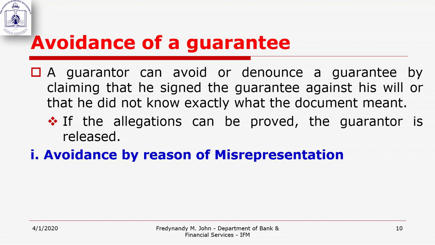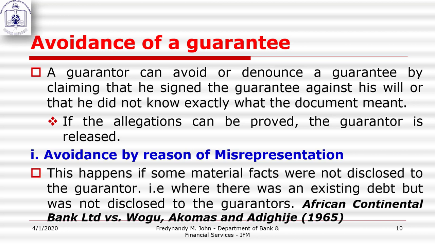Now, the first aspect is avoidance by reason of misrepresentation. This happens if some material facts were not disclosed to the guarantor. What does this really mean? Where there was an existing debt but it was not disclosed to the guarantor, he can be excused from this guarantee contract.